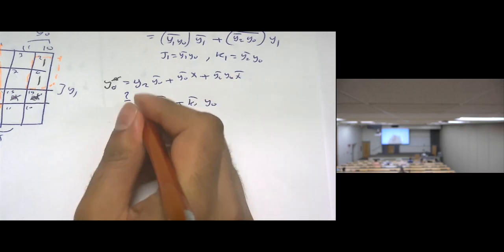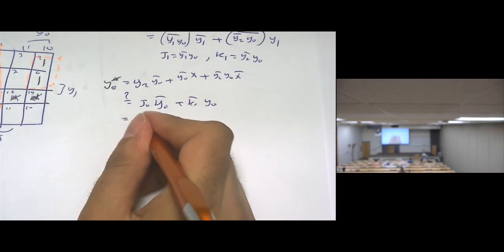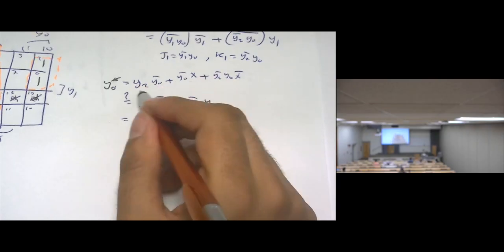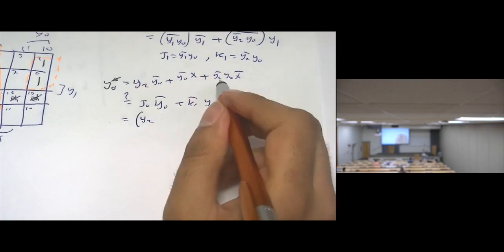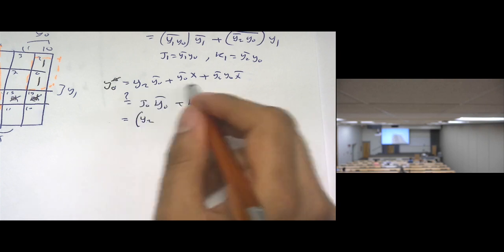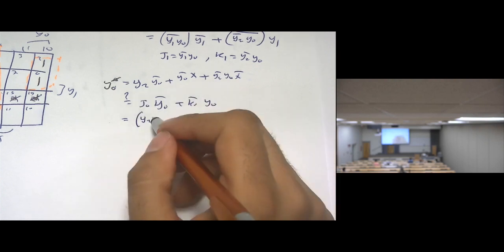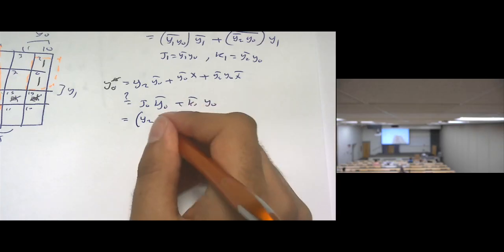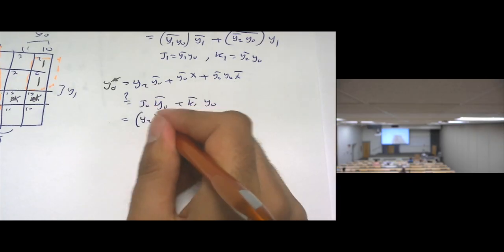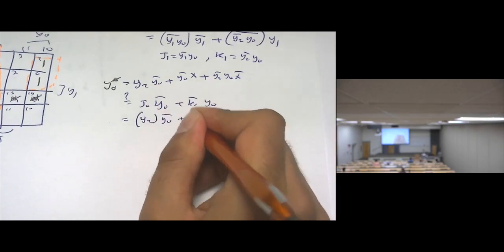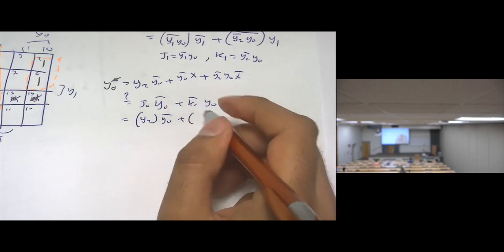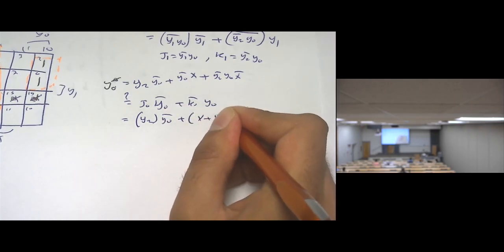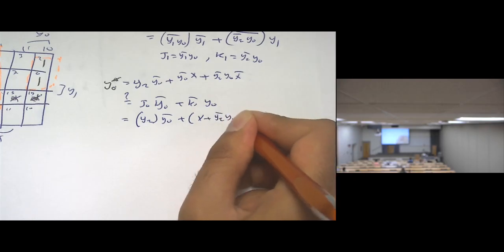So basically, it's going to be grouping the bars here, which will be y2 times y0 bar, plus K0, which is x plus y2 bar y0.